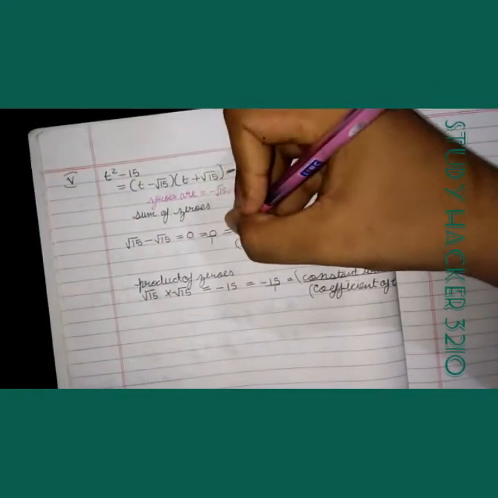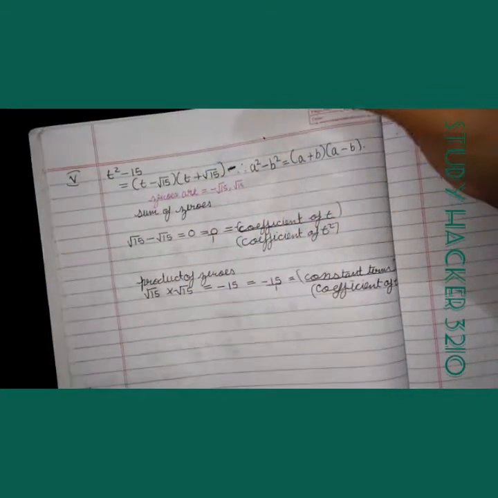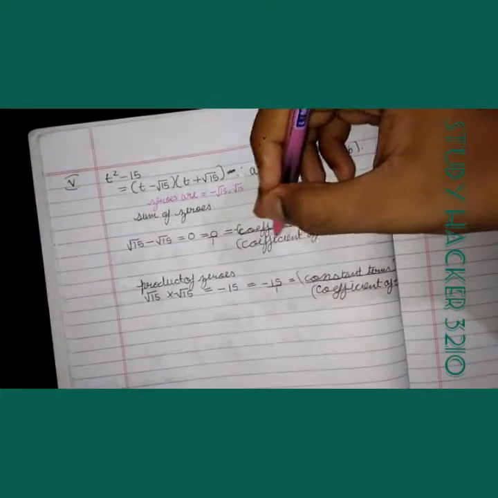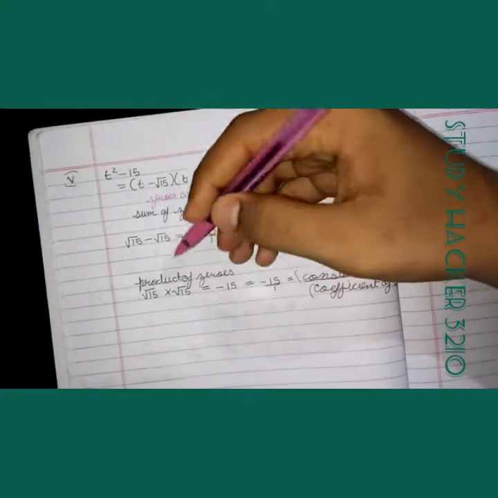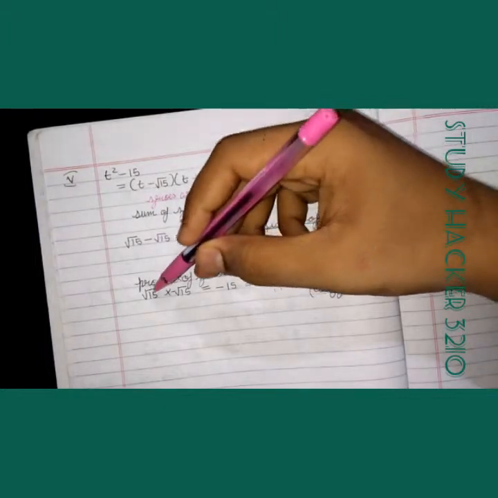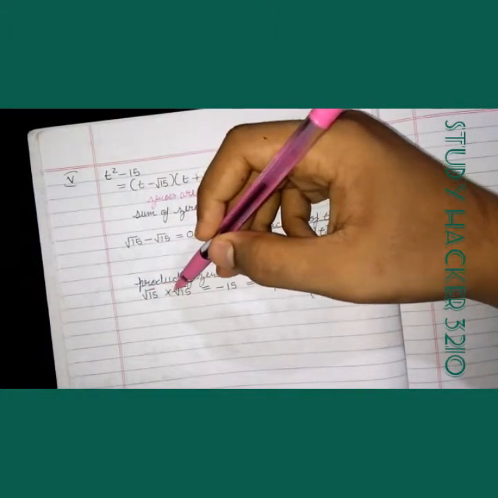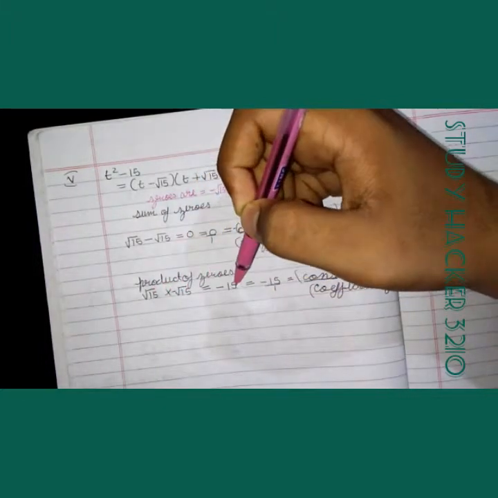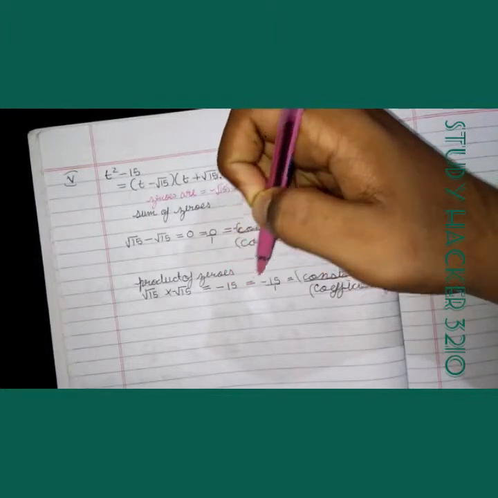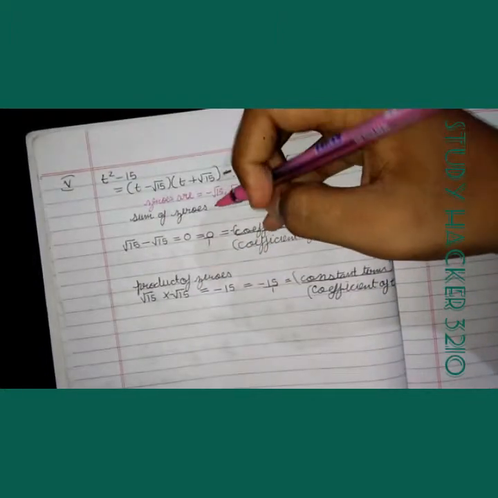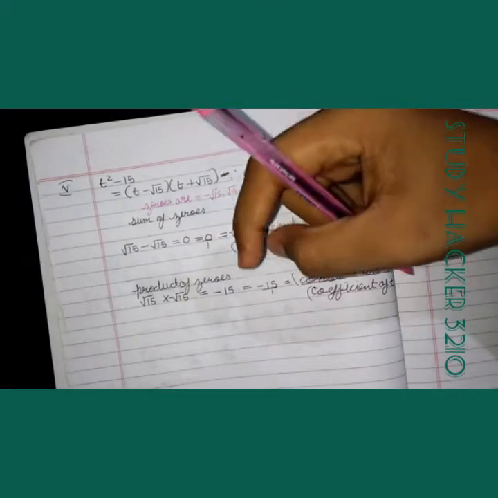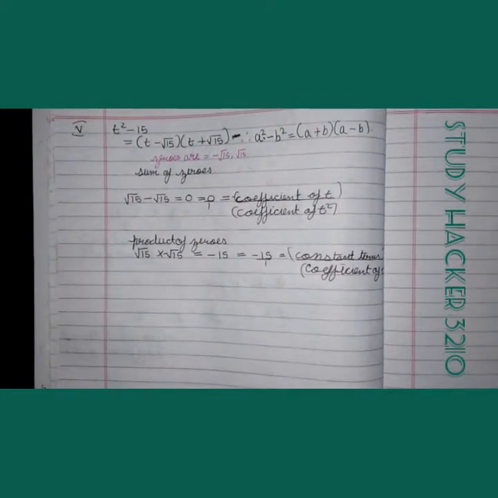Then we write minus coefficient of t upon coefficient of t square. Then we write product of zeros, which equals under root 15 into under root minus 15, which equals minus 15, which equals minus 15 upon 1, which equals constant term upon coefficient of t square. So we have done question number 5.